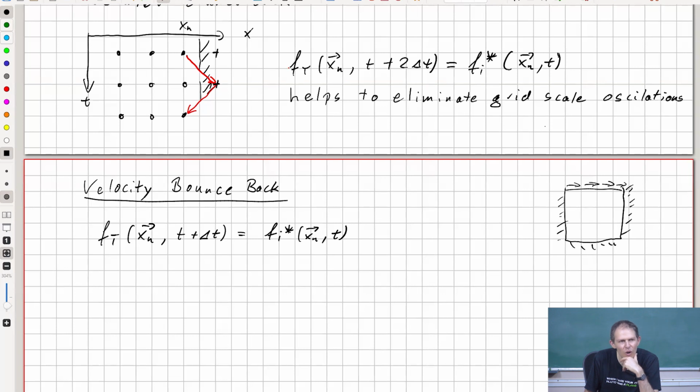And now what we do on top of the bounce back is adding a shift in velocity. And the shift in velocity goes like this. It is minus 2 times theta times w_i times e_i, this is the direction of the link pointing into the boundary, times a scalar product with the velocity at the boundary that we want to specify.